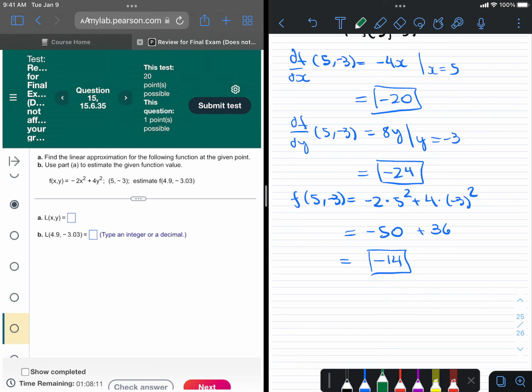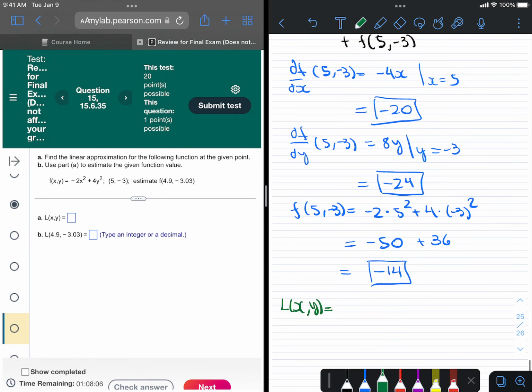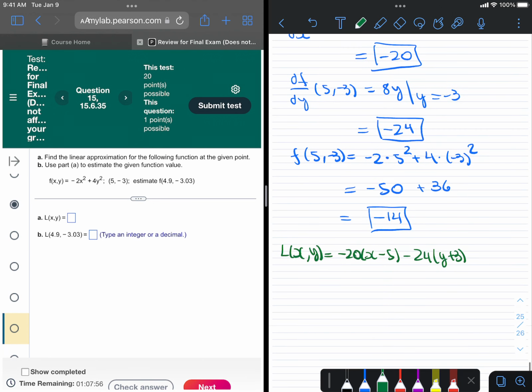So finally, the linear approximation will be L of x, y. It will be negative 20 times x minus 5, plus negative 24 times y plus 3, minus 14.